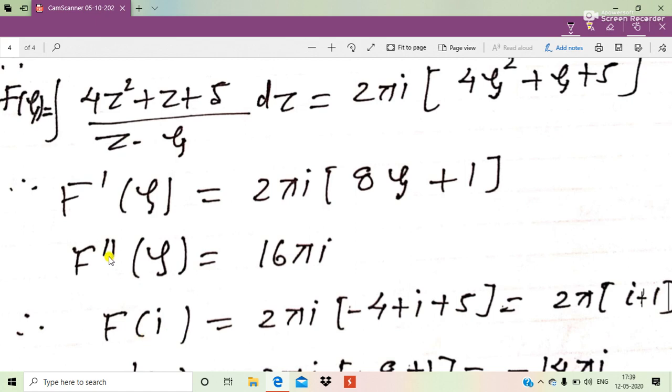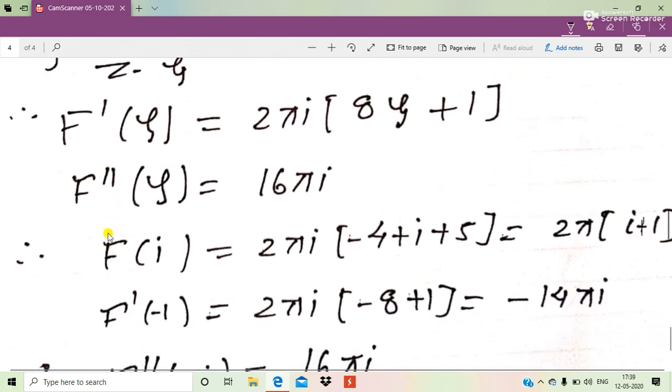Our next value was f dash of minus 1. So this is the value of f dash zeta, which is equal to 2 pi i into (8 zeta plus 1). So in place of zeta, if we put minus 1, the value of f dash of minus 1 will be 2 pi i into (minus 8 plus 1), which is equal to minus 7 into 2 pi i, which is equal to minus 14 pi i.